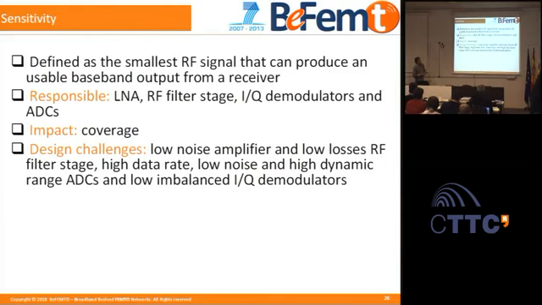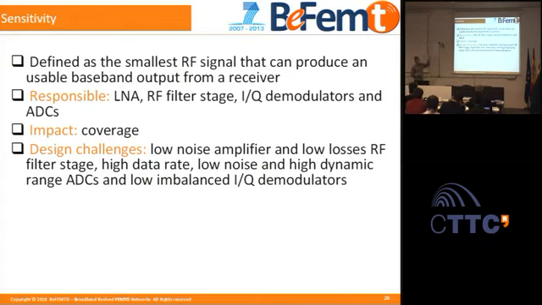The responsibilities here are the low noise amplifier, mainly by its noise figure and gain, the radio frequency filter stage by its filtering and also by its losses, the IQ demodulator, and also the analog to digital converter.